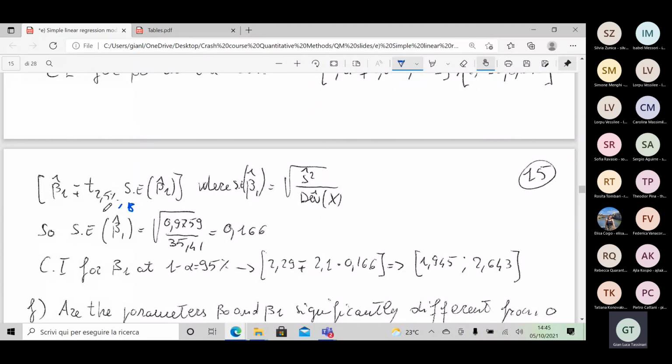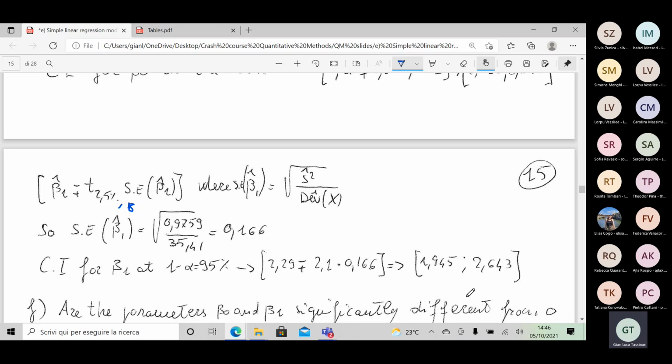So we don't need to take the tables again because we found out the value previously, it is exactly 2.101. Okay, this number times the standard error. Again, do the computation first with the minus and you get the lower extreme of the interval, then with the plus and you get the upper extreme of the interval.